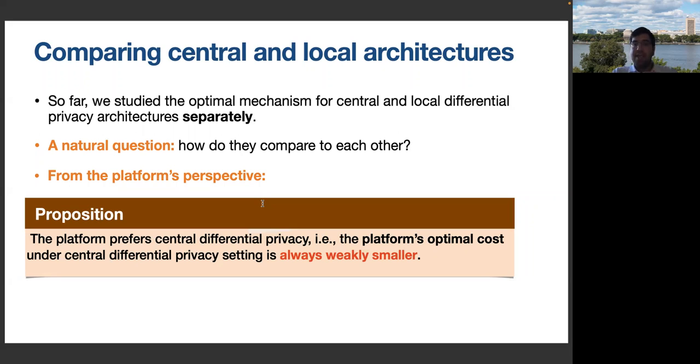It means that if you compute the optimal cost of the platform under both central and local cases, the optimal cost would always be weakly smaller for the central case, which intuitively makes sense because in the central case the platform gets the non-private data and decides on adding noise herself, rather than in the local case, where users add noise in advance before sharing it with the platform.